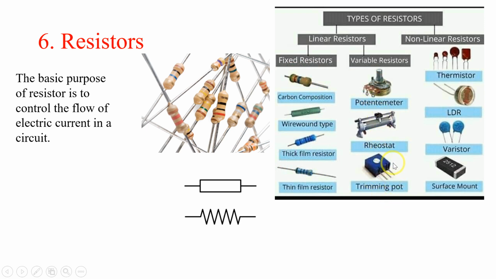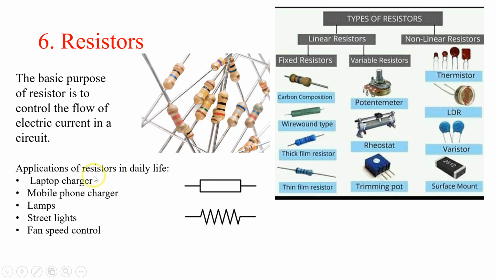You will observe this resistor in your physics lab, mostly used in performing different types of experiments by students and teachers. Non-linear resistors, thermistor, LDR, varistor and surface mount, are also used in electronic circuits, and these are also very small types of resistors.